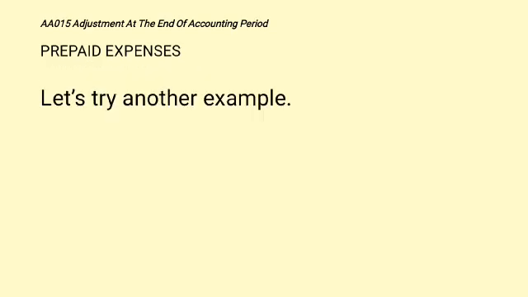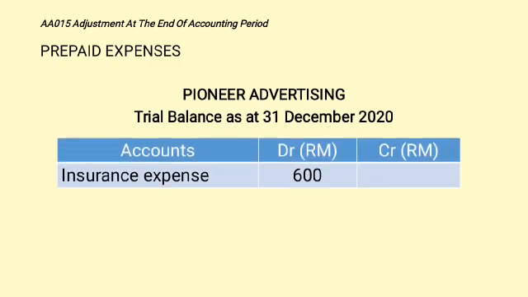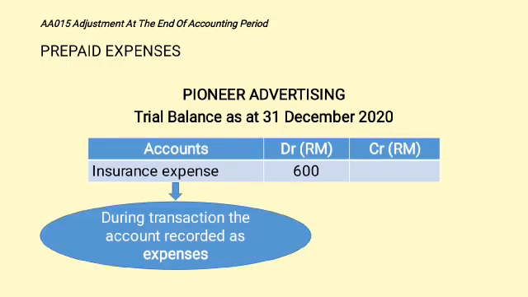Now, let's try another example. We will use the same example, but this time we change the cash payment to insurance expense. So the trial balance will show insurance expense RM600 at the debit side.